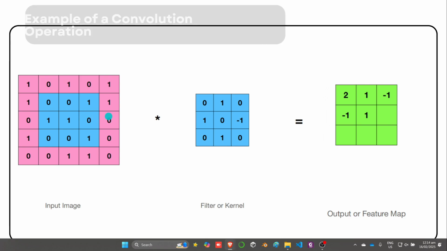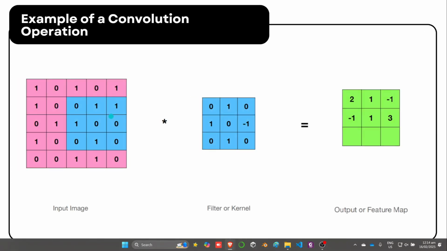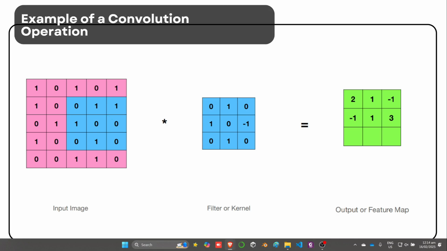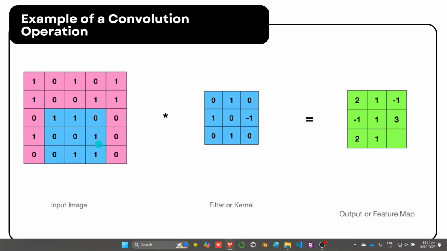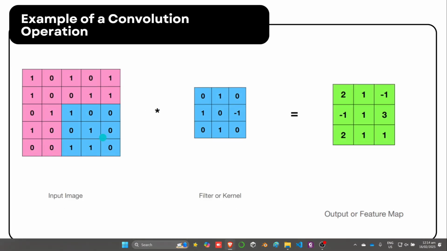And next step, and this one. And then we go down, and let's move to the right, and one step to the right, and one step to the right. And that's how we get our feature map output.